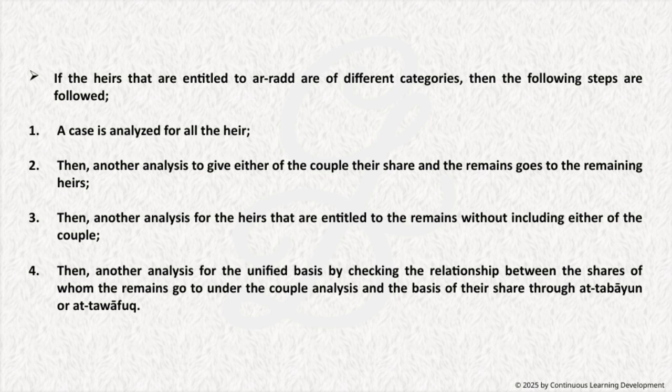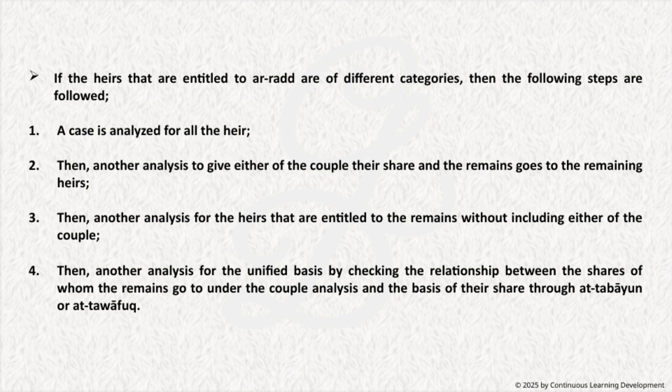Then, we do a third analysis focusing solely on the heirs who are entitled to the remaining estate, but this time, we exclude the couple altogether. This helps us clarify the distribution among the remaining heirs without the couple's involvement. Finally, we perform a fourth analysis based on a unified basis. Here, we check the relationship between the shares assigned under the couple's analysis and the overall basis of their shares.